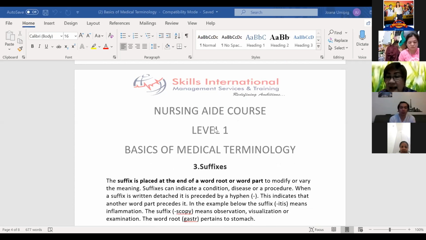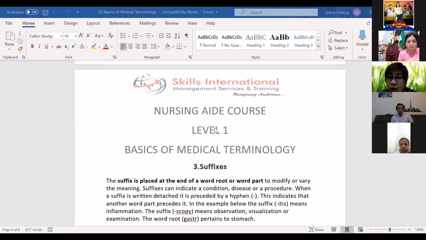Whenever you hear a disease with itis at the end, where itis is the suffix, it means there is an infection or an inflammation. And the other suffix is oscopy, which means observation, visualization, or examination.